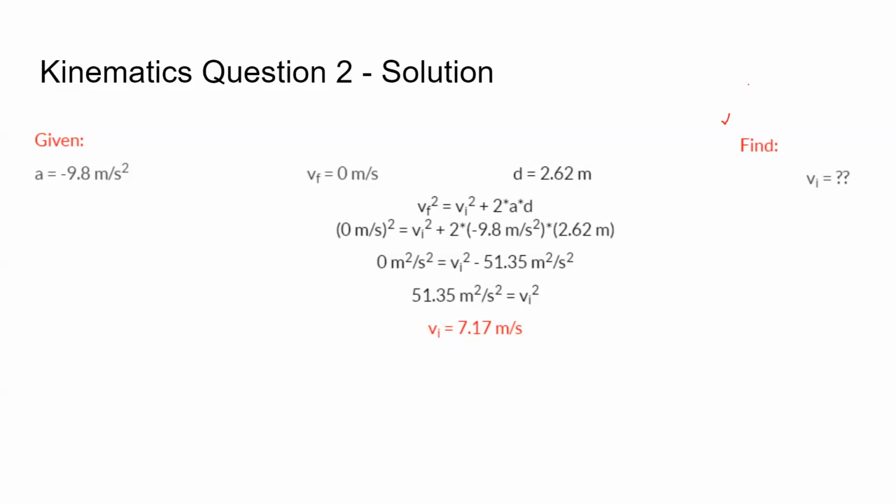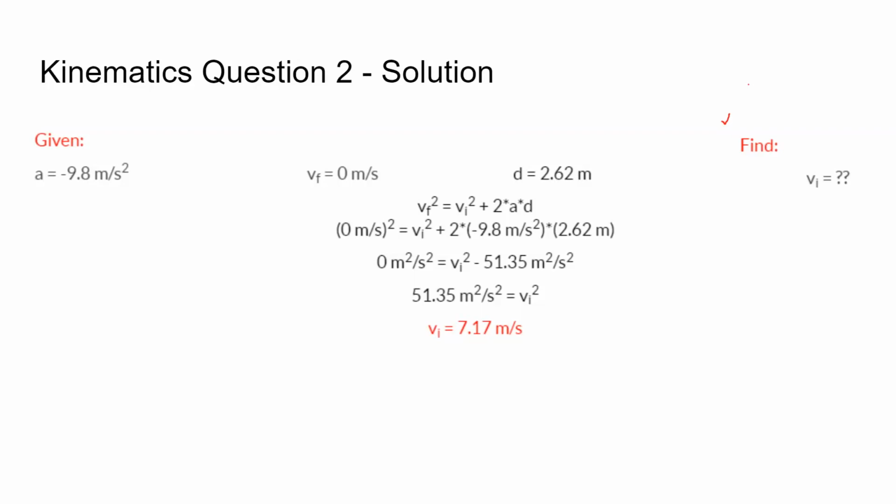I just want to note that because the kangaroo reached its max height, which is the peak of its jump, its speed at that peak would be 0 because it's not moving at the maximum height that it reached. So that's why we say that the final velocity is 0 meters per second.